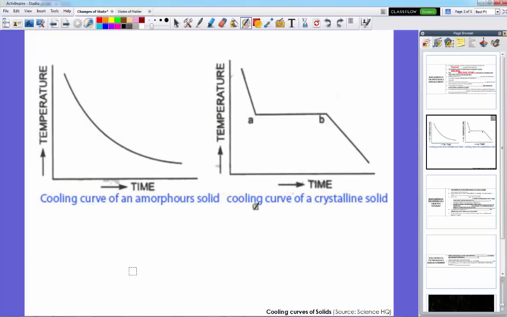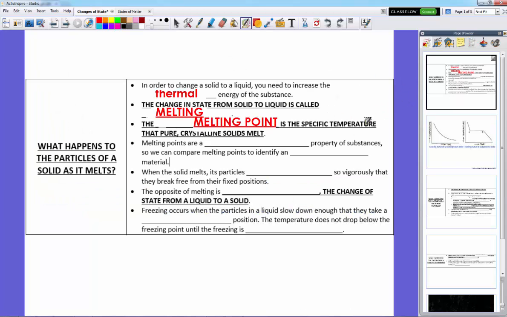Because there's a little bit that's still a solid. As long as there is a crystalline solid that's still in its solid form, it will keep its temperature, which for water is 0 degrees Celsius. So we'll have frozen water. It'll warm up to 0 degrees. It'll melt and turn to a liquid, and once it's all a liquid, then it will continue to warm. And that melting point right here is 0 degrees Celsius.